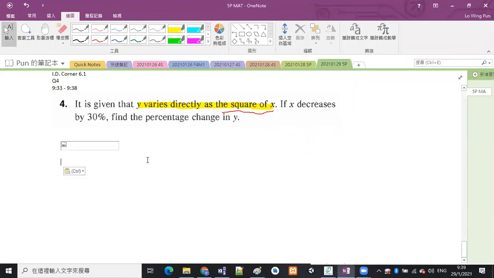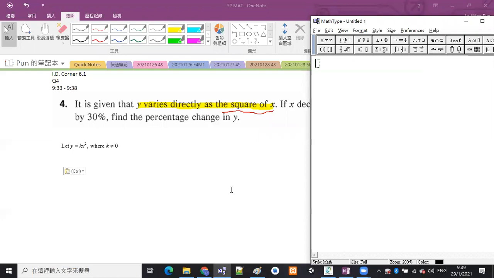Because this question is about percentage change, we have the old x equal to x, and old y equal to y, and the old equation is y equals kx squared. Just copy, and then we have the new x or new y.